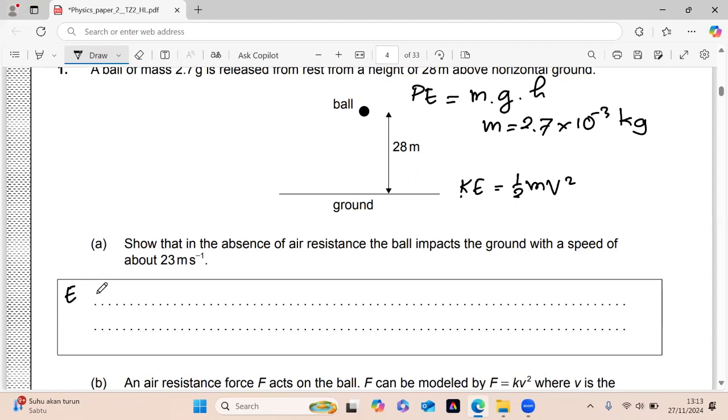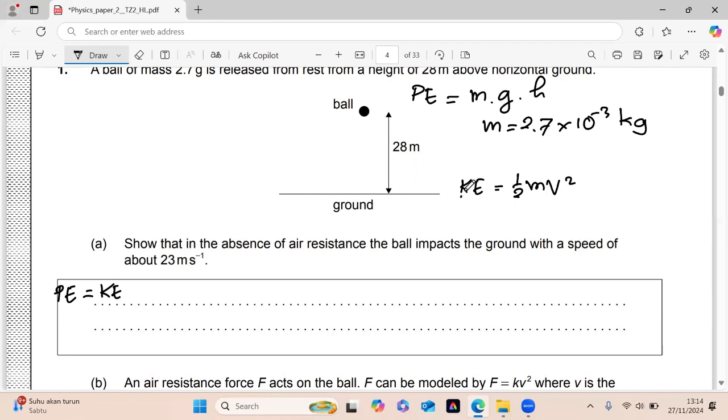This formula is by the conservation of mechanical energy, that potential energy equals kinetic energy. Okay. This equation is based on conservation of mechanical energy.